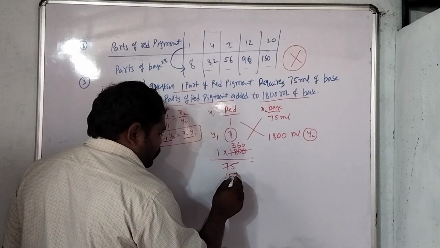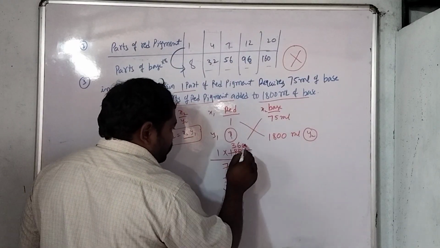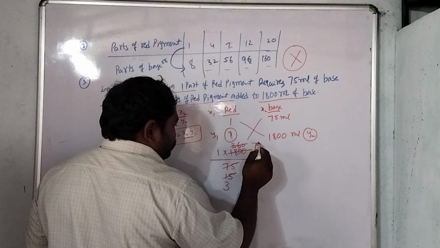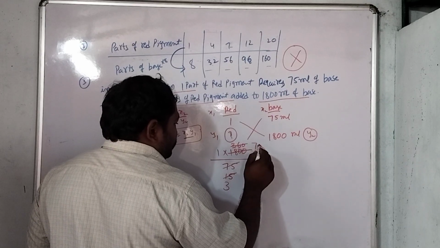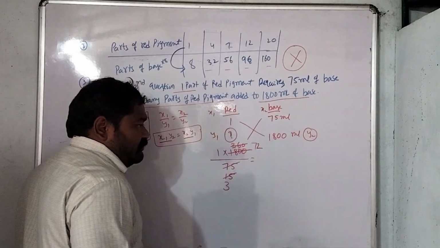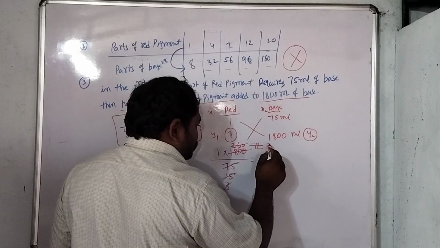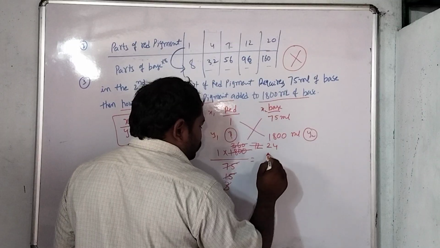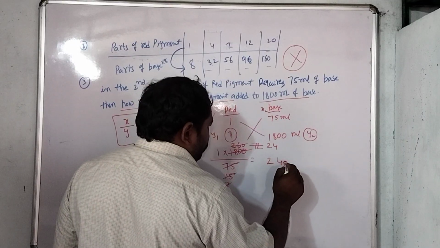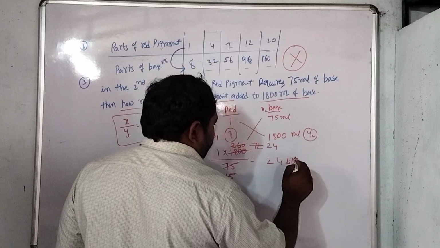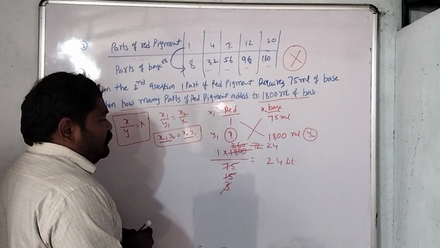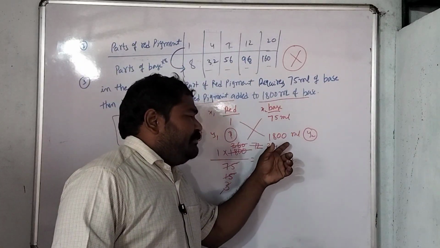And again 5 3s are 15, 5 7s are 35, 1 carry, 5 2s are 10. Again, 3 1s are 3, 3 2s are 6, 3 4s are 24. Therefore, 24 liters of red pigment are required for 1800 ml of base.